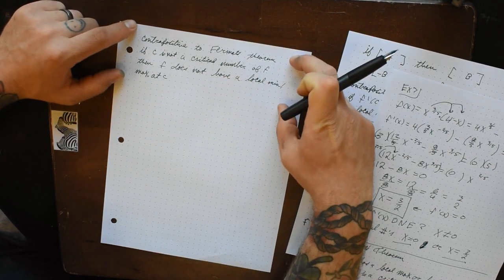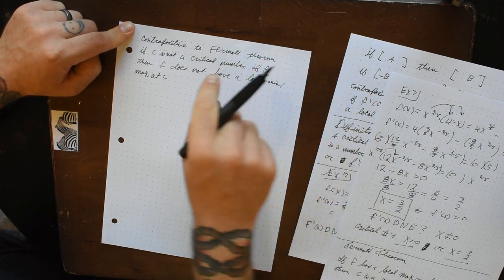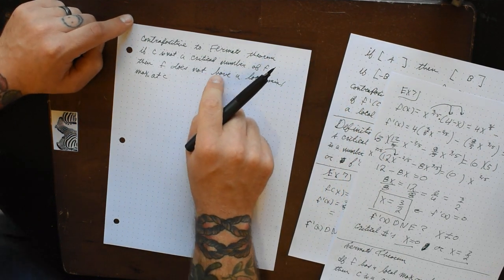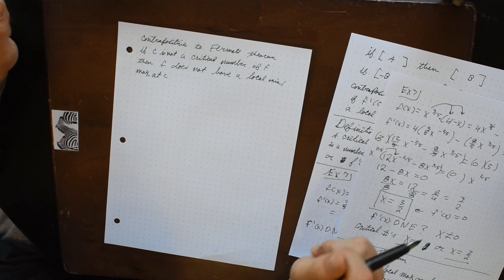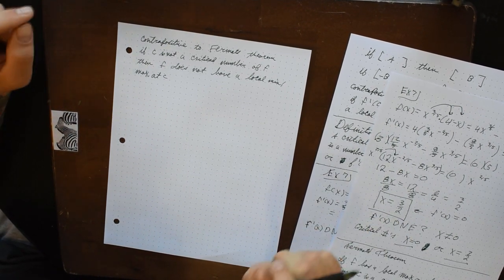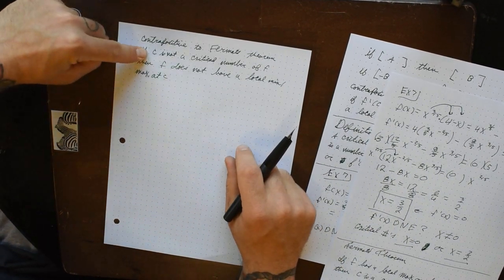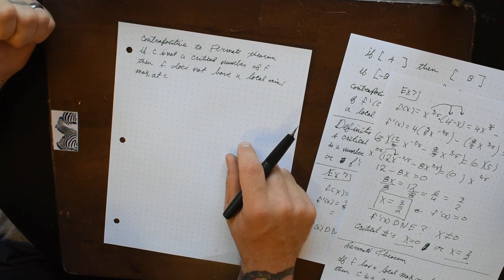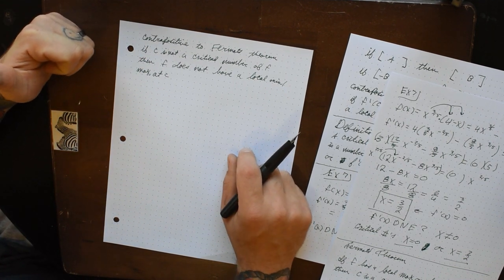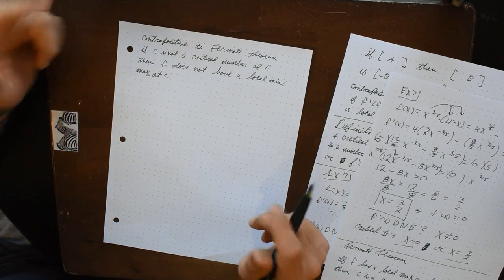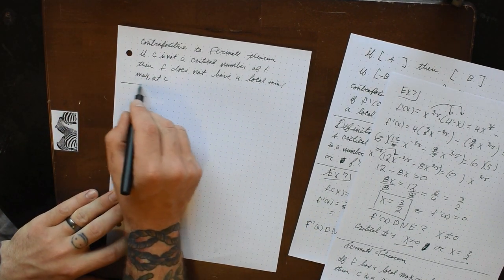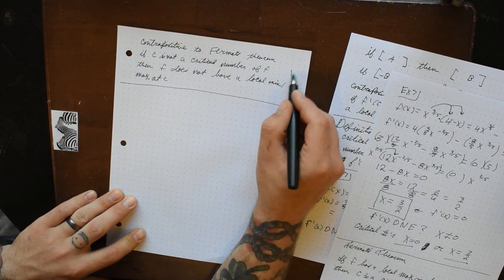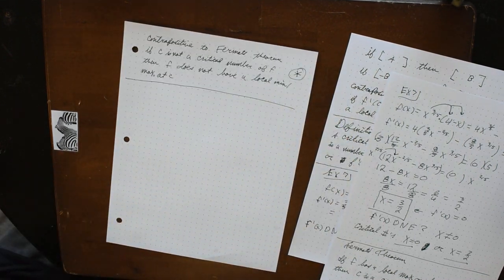Perfect. So what the contrapositive to Fermat's theorem says in terms of critical numbers is that if we're trying to find our local maximums and local minimums, that has to happen at a critical number. That's where the derivative is equal to 0, or when the derivative does not exist. So this is really the final form of our theorem.